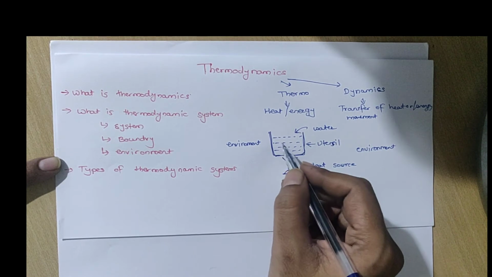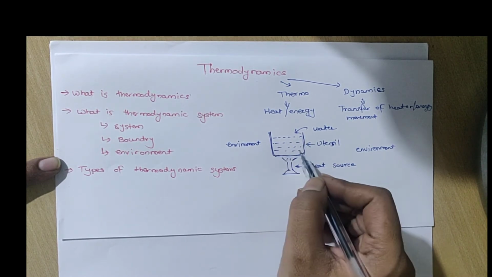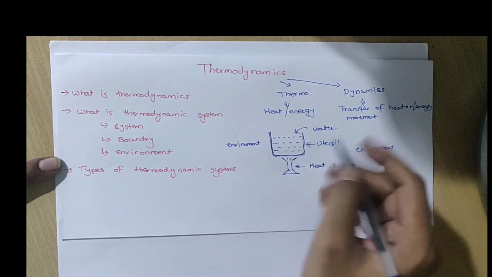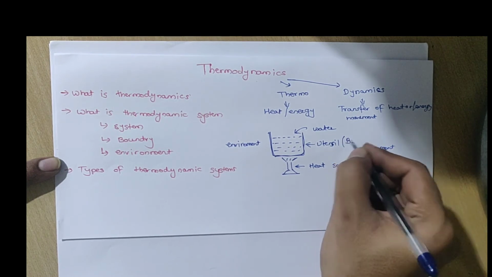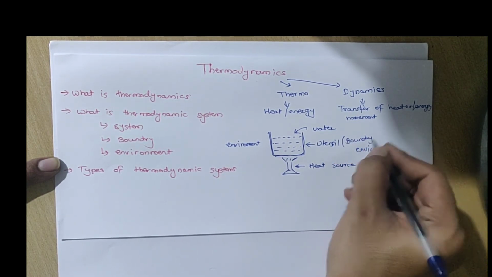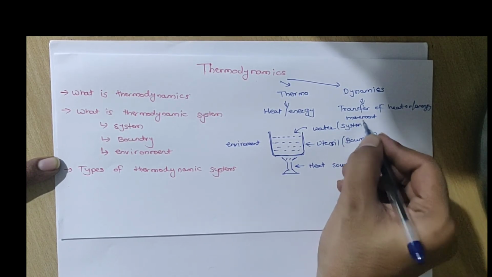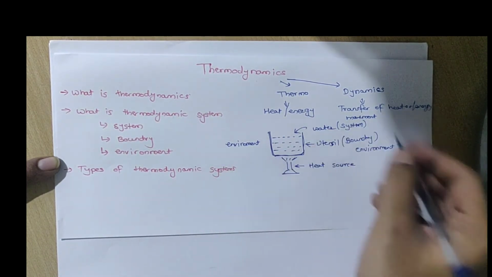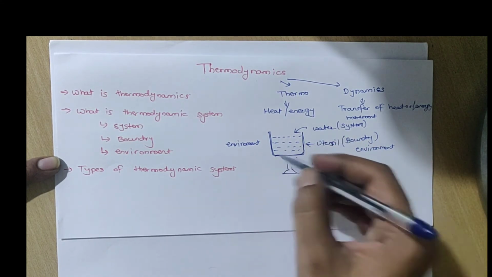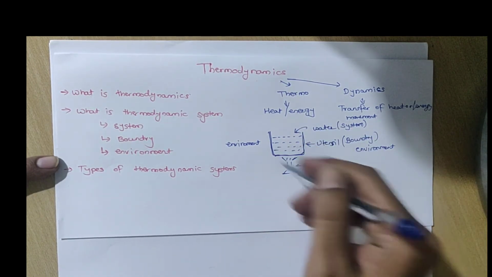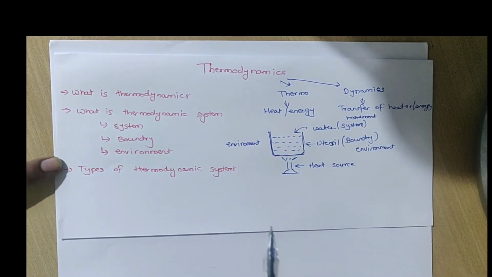So anything that separates our system from the environment can be treated as a boundary. So utensil becomes our boundary. So the water is our system, and the air available around this system is environment.